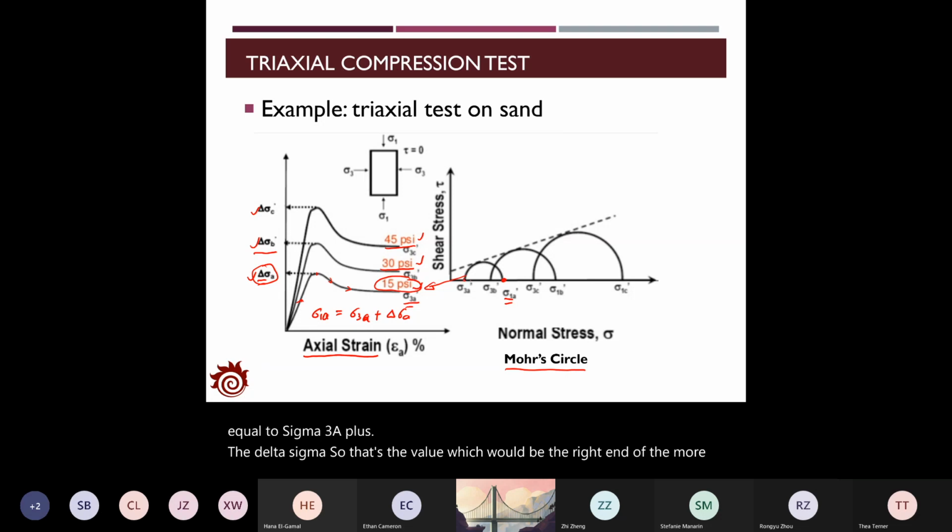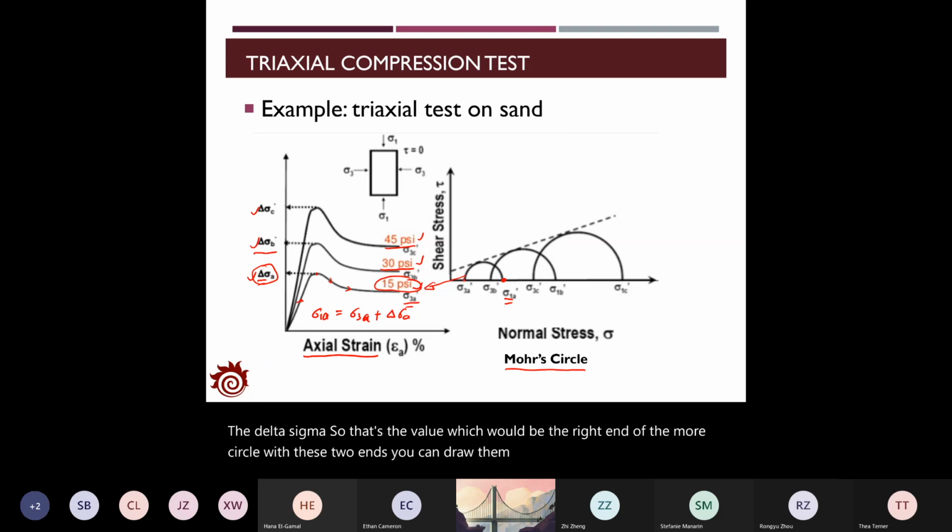With these two ends, you can draw the Mohr circle, which is a half circle defined by these 2 points. And similarly, you can find the Mohr circle for the second confining stress, 30 psi, and the third one with 45 psi.